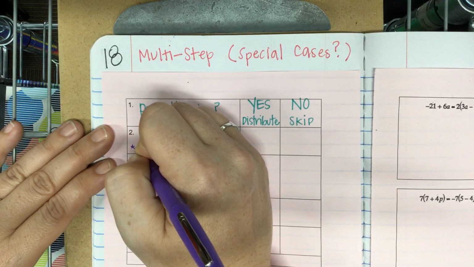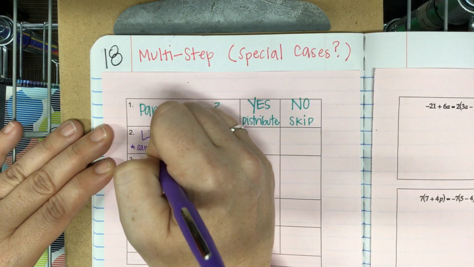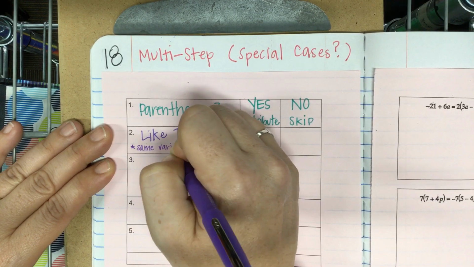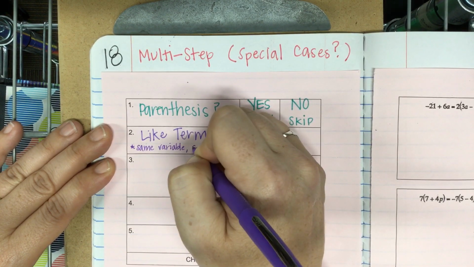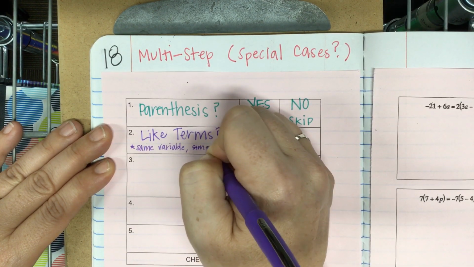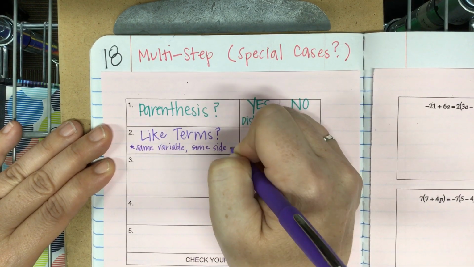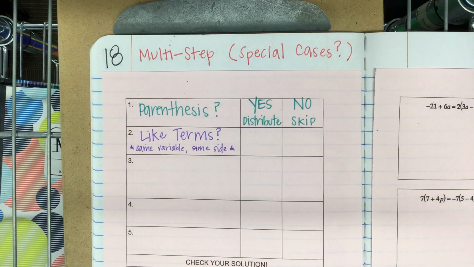It's the same variable, and they're on the same side, right? If they're 2 x's or 3 y's, if there's a 5 and a 7, if they're the same variable on the same side, they have to be on the left side together or on the right side together. They can't be on opposite sides.